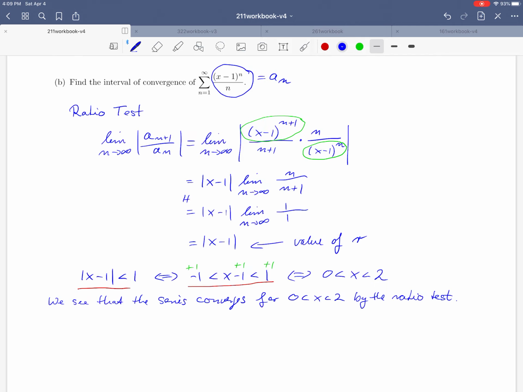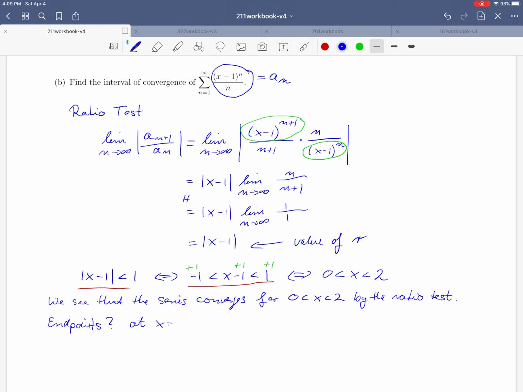But what happens at x equals 0 and x equals 2? What happens at the endpoints? Well, if we plug x equals 0 and x equals 2 into the absolute value of x minus 1, we get 1, and so the ratio test is inconclusive.